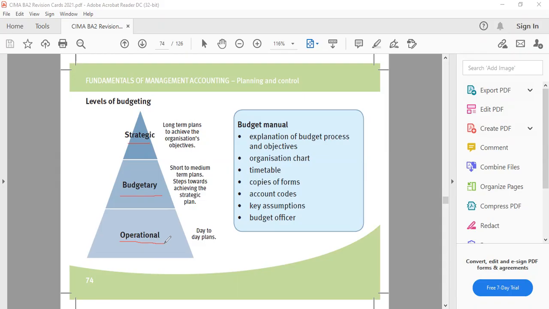Then the middle level, we also call it the tactical level, functional management level. Once the plan is prepared for the entire organization, that plan has to be executed. Now, how is it possible to achieve those targets? What is the course of action which has to be taken up by the people internally?